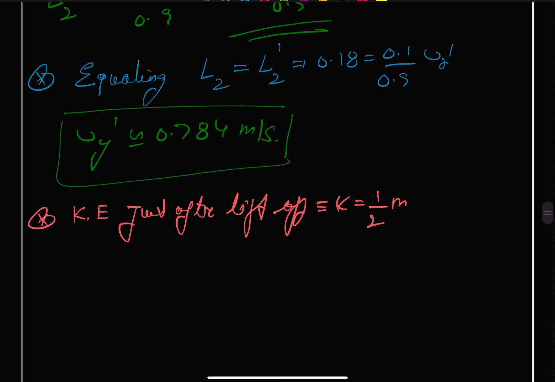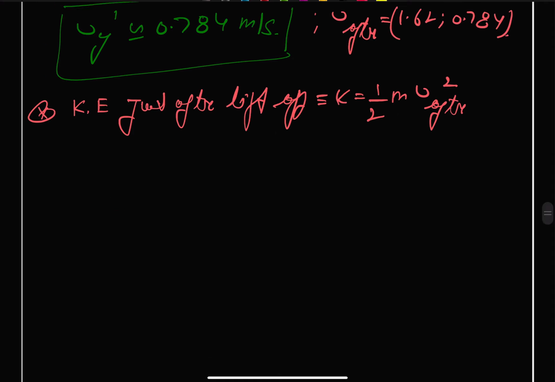So we found out v after, whole square, and v after x component is our 1.62, y component is our 0.784.